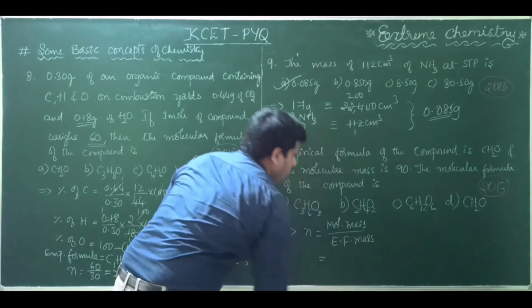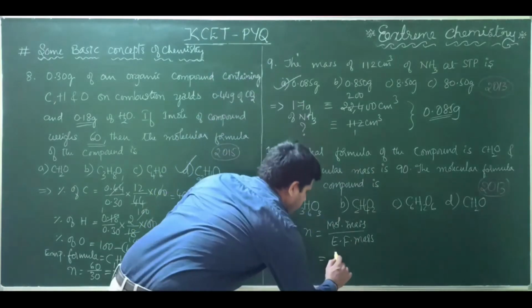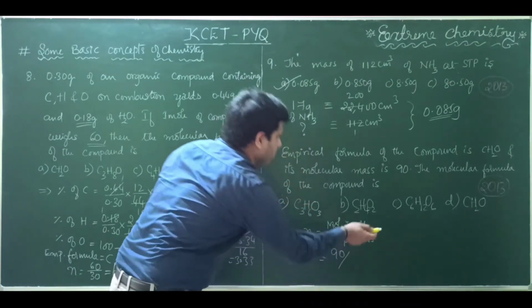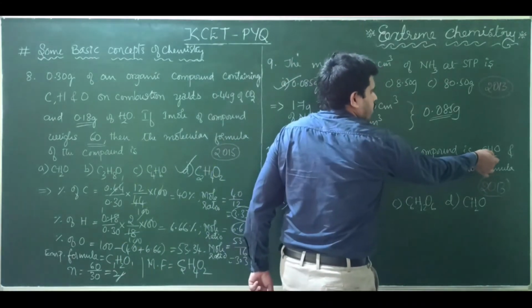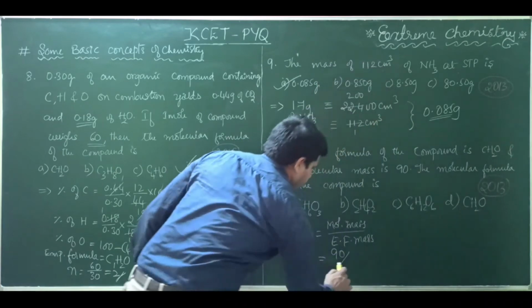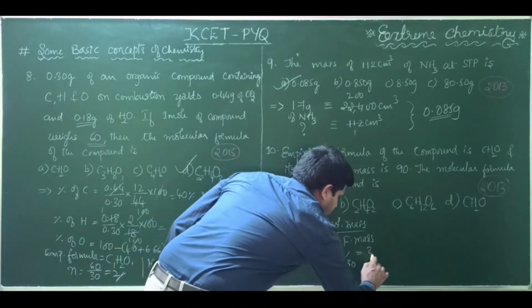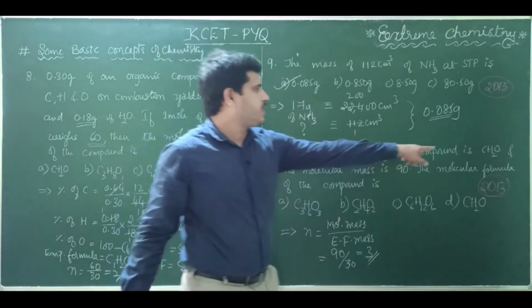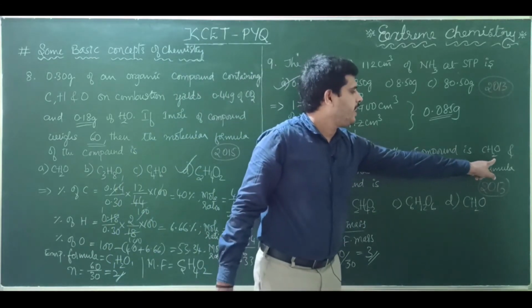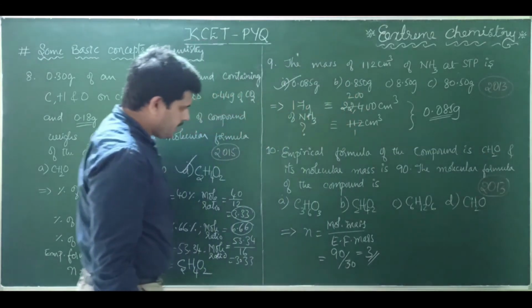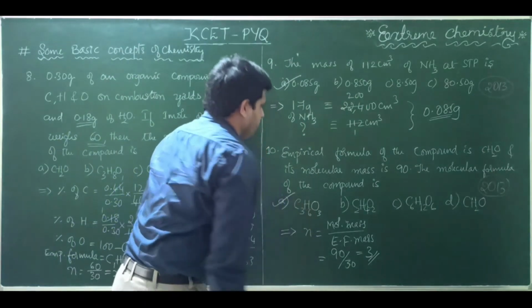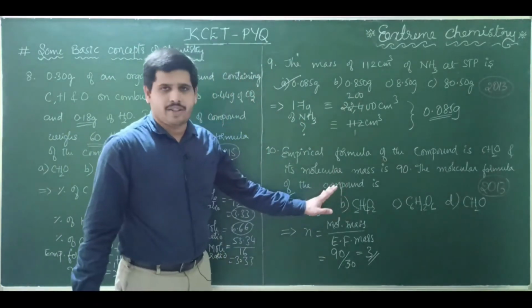Molecular mass is 90, divided by empirical formula mass, which is 12 plus 2 plus 16, that is 30, isn't it? So what is the answer? 3. So multiply the empirical formula by 3. C3H6O3. Yes, option A. That is your answer for this question.